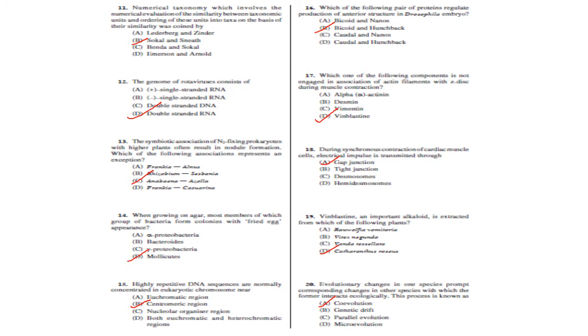And what is genetic drift? It is change in the frequency of an existing gene variant in a population due to random chance. So what is left out? Coevolution. So coevolution is the answer. It is evolutionary change in one species prompting corresponding change in the other species with which it is interacting ecologically, and this process is known as coevolution.